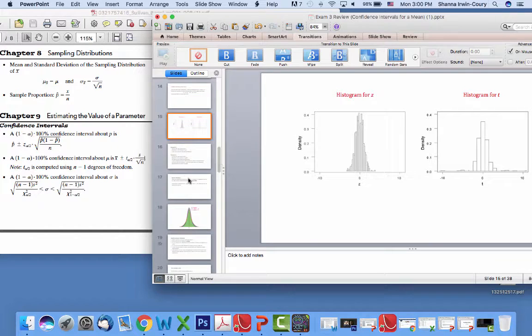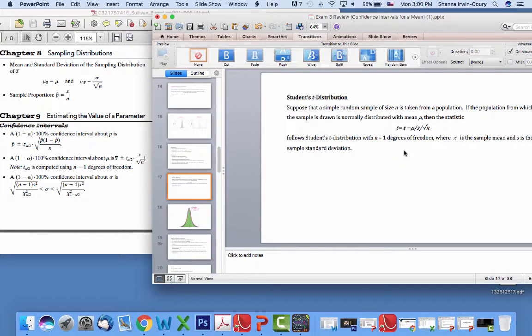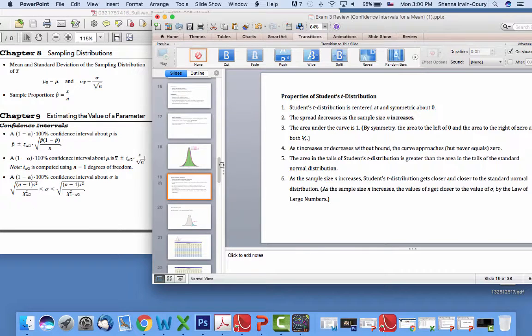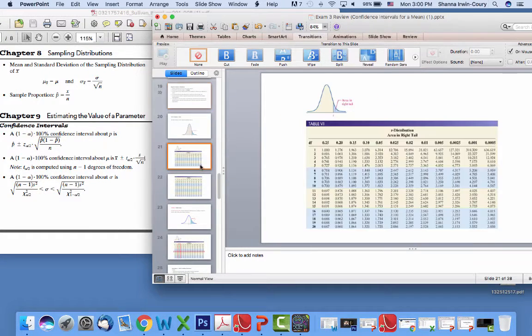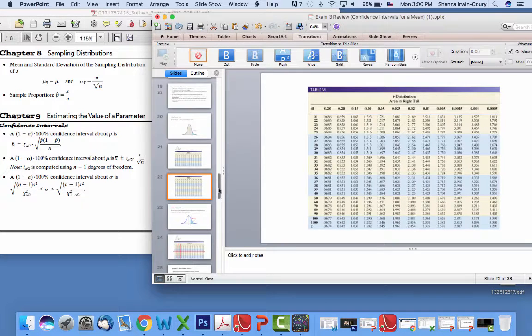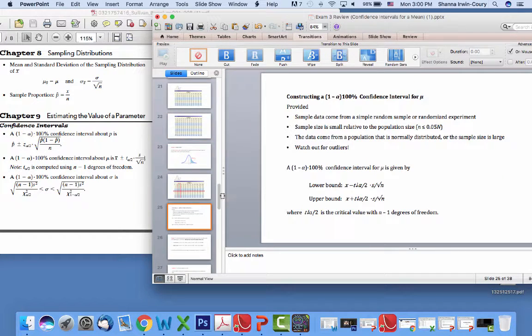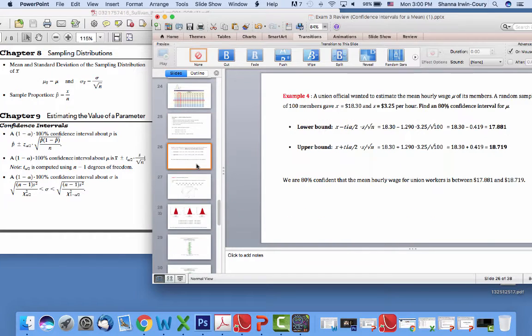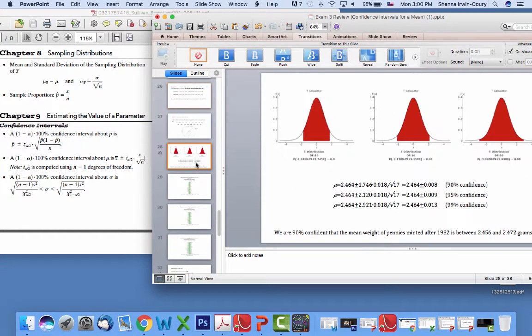So right here or here somewhere, we start having the T-chart. Okay, here we are.